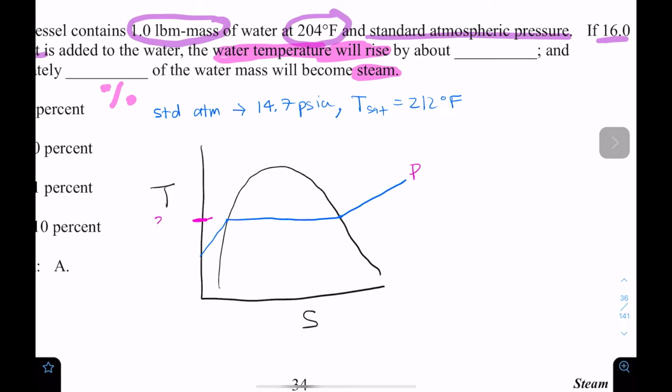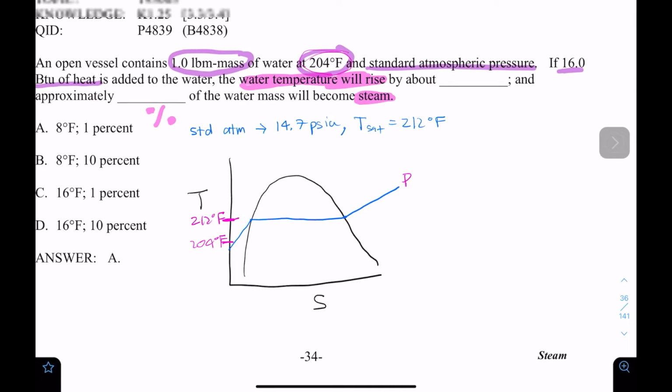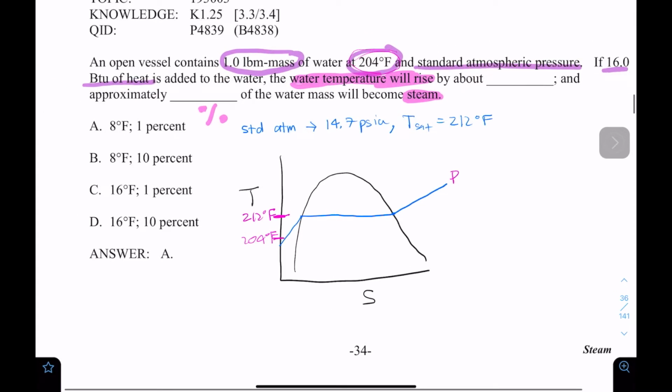This is my 212 Fahrenheit, but it's telling me that the water is at a temperature of 204, so meaning that I'm somewhere in here, right? So I'm going to be below that. This is where I'm starting, somewhere around here.